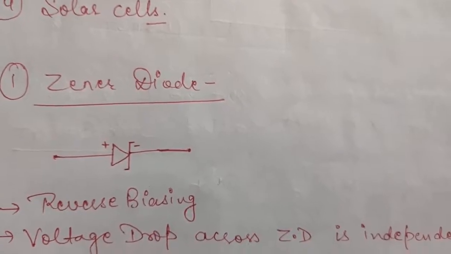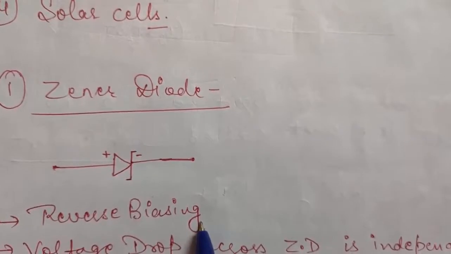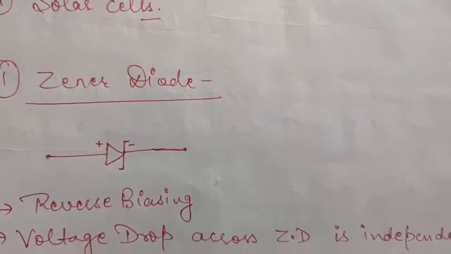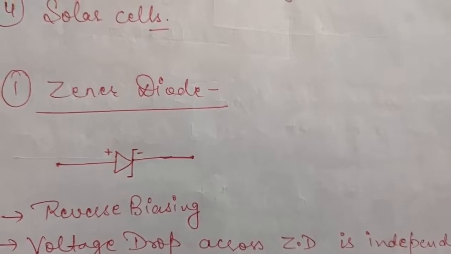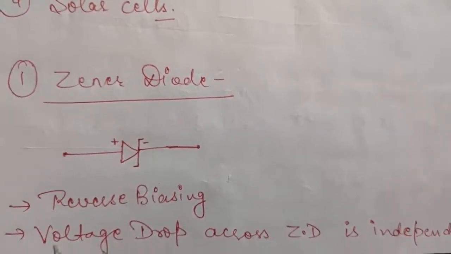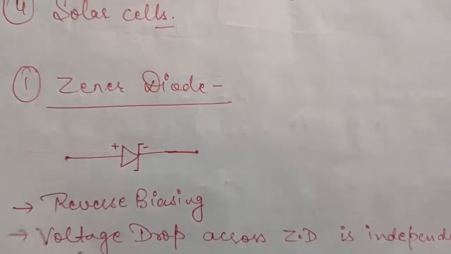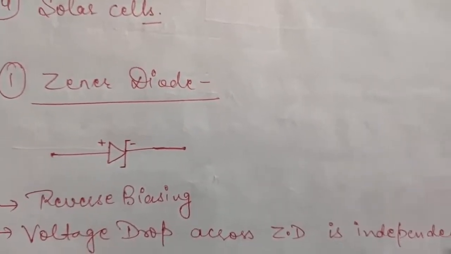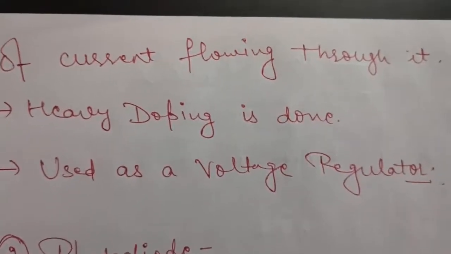The first point is that Zener diode is always used in reverse biasing condition. That is, it is the diode which works in reverse biasing. The second important point of Zener diode is that voltage drop across Zener diode is independent of current flowing through it.